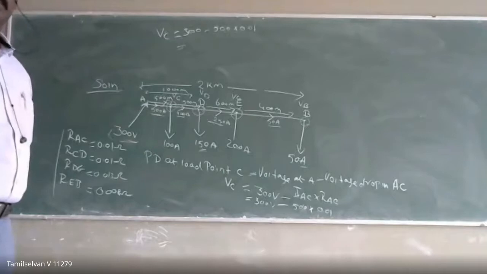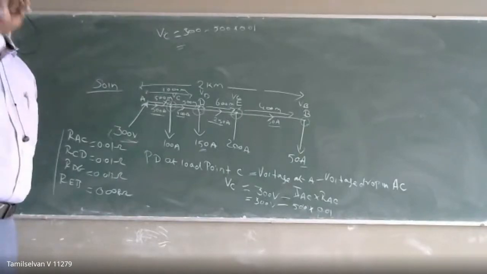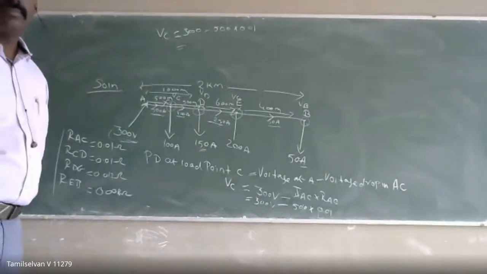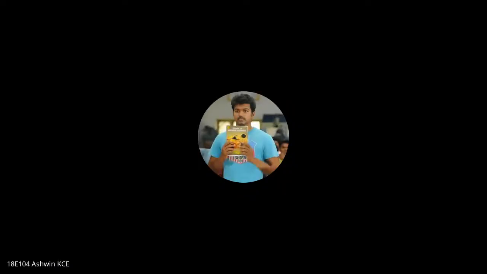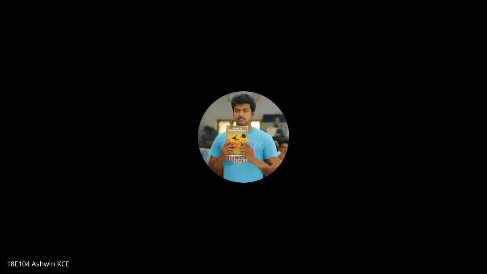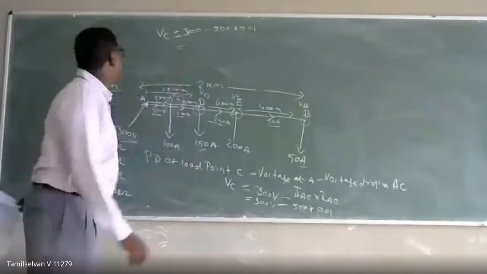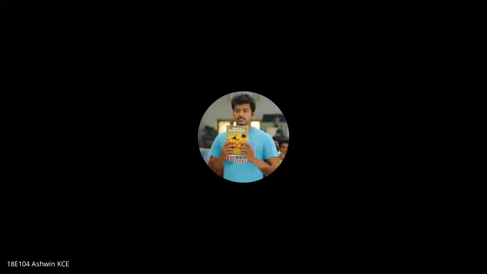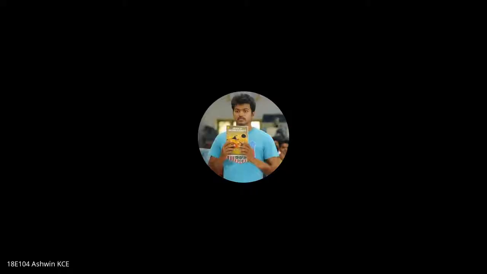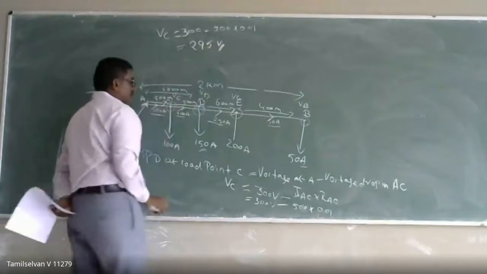The answer is 295. Applied voltage is 300, so 300 minus 500 into 0.01 is 295. Yes, 295 volts.